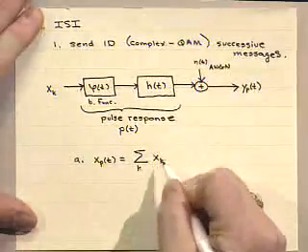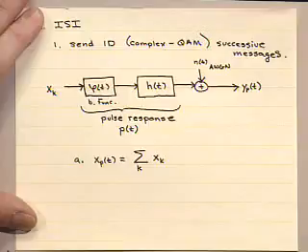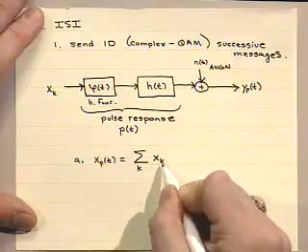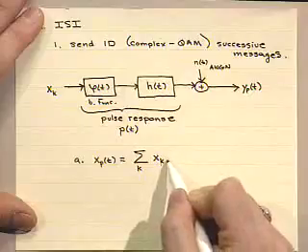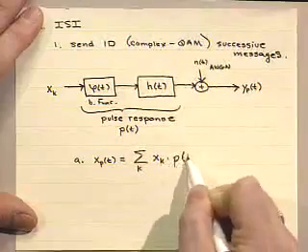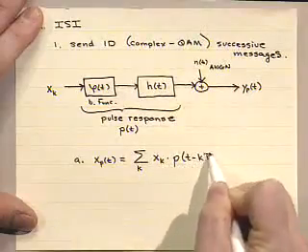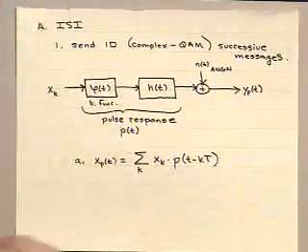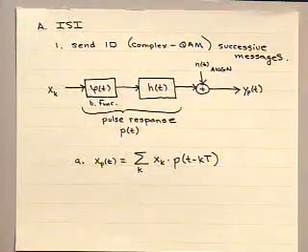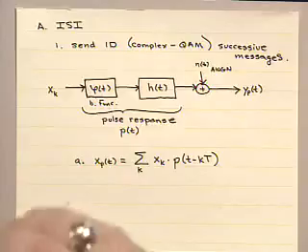And for each of those symbol periods, I have the message itself, or the symbol that corresponds to that message, which is one-dimensional, real or complex, x sub k, times the pulse response, of course, delayed by the time at which the message was actually sent into the channel.